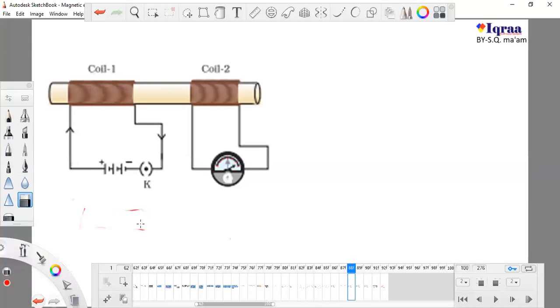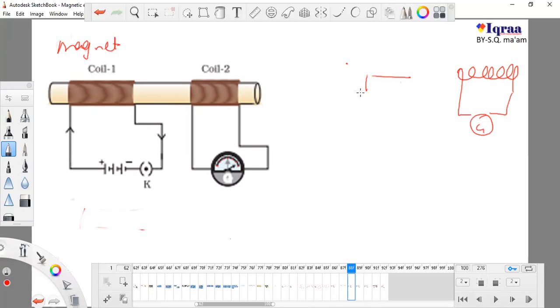In this case, this is my electromagnet and it is giving the same effect as a magnet. So I'm writing this as a magnet. This is a magnet and this is another coil. Just consider that this is my coil and this is my magnet.